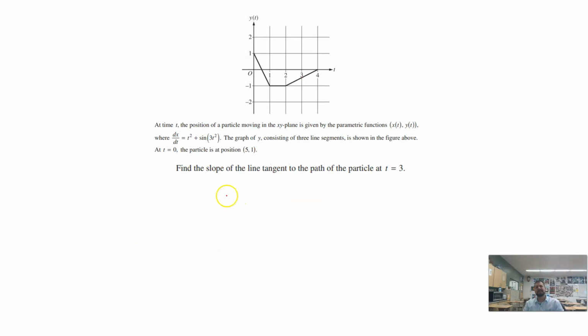Letter B wants us to find the slope of the tangent line at time equals 3. Remember, that's dy/dt divided by dx/dt, and once we find that, it wants us to plug 3 in. Well, dx/dt is pretty easy. We just go 3 squared plus the sine of 3 times 3 squared. That gives us our dx/dt. That goes on the bottom.